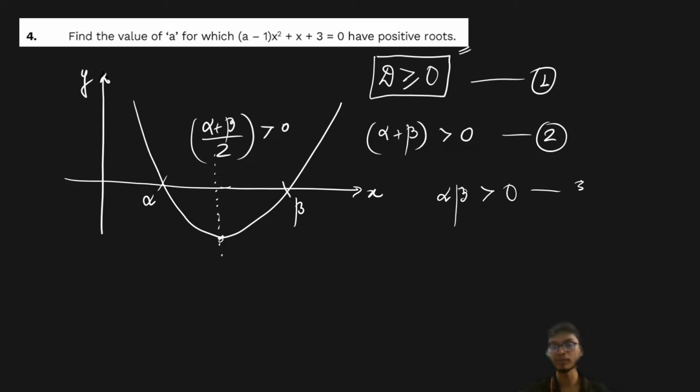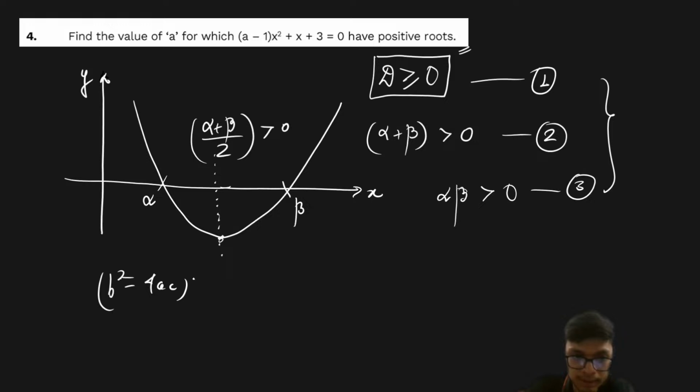If you are able to satisfy these 3 conditions together, then you can ensure that the given roots are going to be positive. So from here, for the first condition, b squared minus 4ac is greater than or equal to 0, which gives 1 minus 4 times (a minus 1) times 3 greater than or equal to 0.